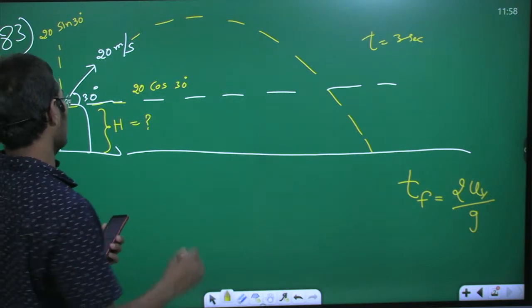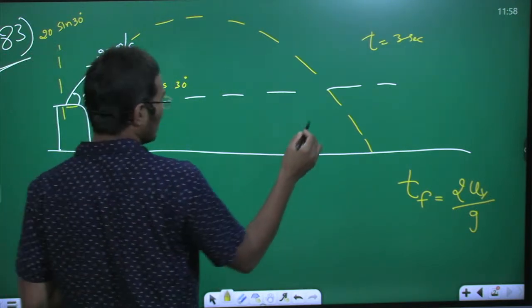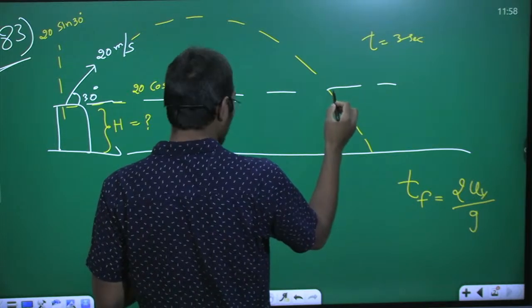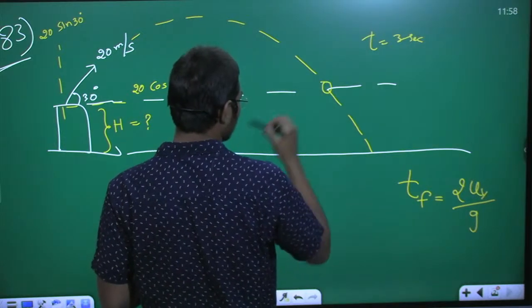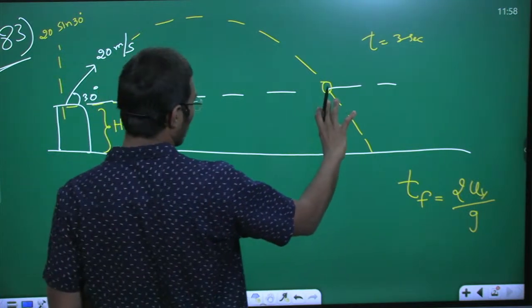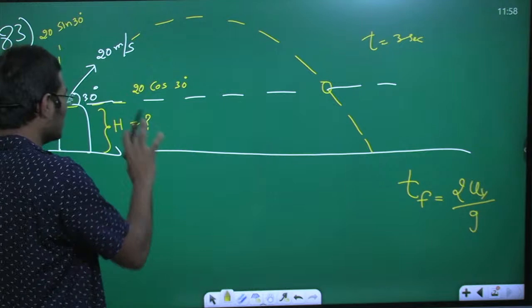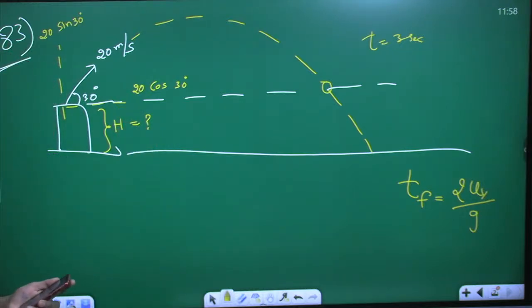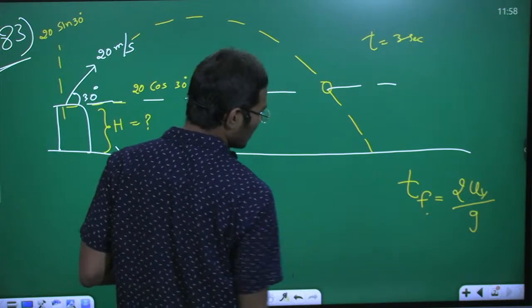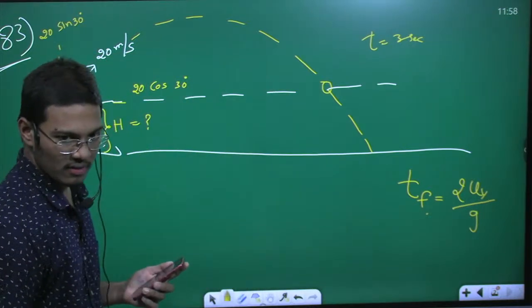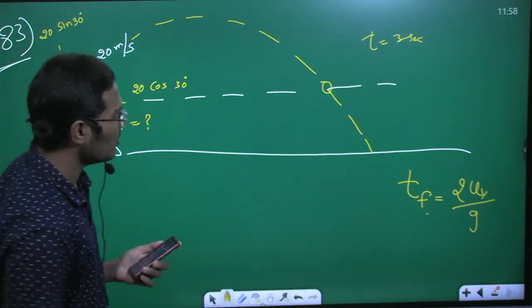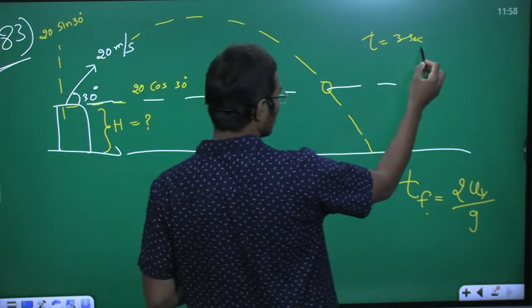So after time of flight, our ball will be here. So if we can find the remaining time it traveled, we can find the height h. Okay, so first try to find the time of flight. Considering it as a normal projectile, it will be less than 3 seconds obviously. So what will be that?